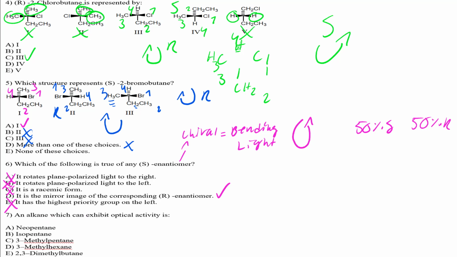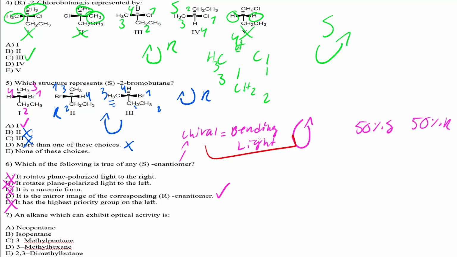An alkane, which can exhibit optical activity. So again, going back to this unit right there, that's technically optical activity. Optical activity is just a molecule's behavior towards light. And it's important for you to know that chiral molecules have behavior towards light, meaning that they exhibit optical activity.